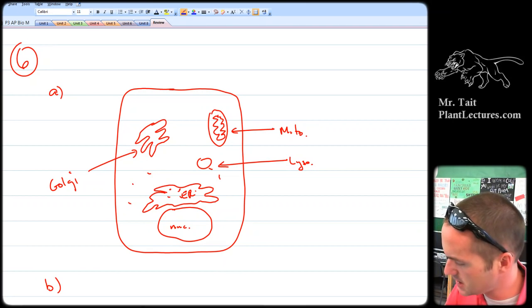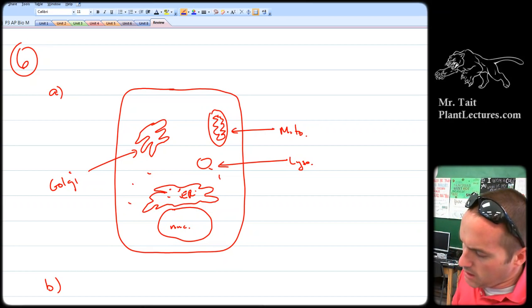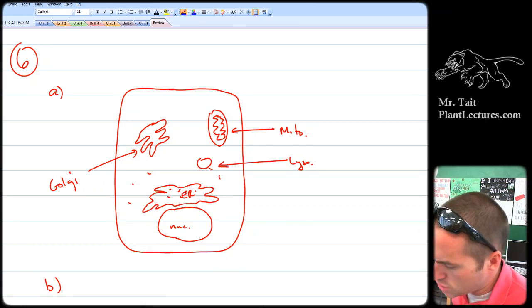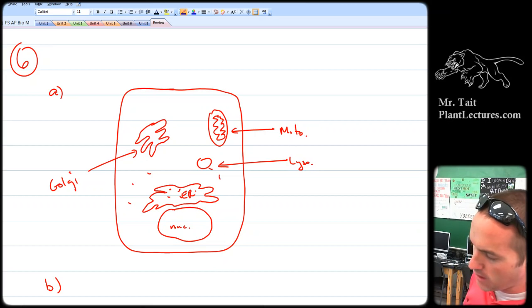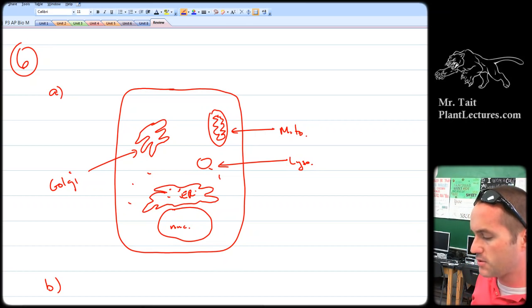Okay, question 6. Question 6 says, we've got this CFTR protein that normally is a gated ion channel, and it says to draw arrows to describe the pathway for the production of a protein. Now, this question, I feel bad about it because I feel like I led you guys astray here.